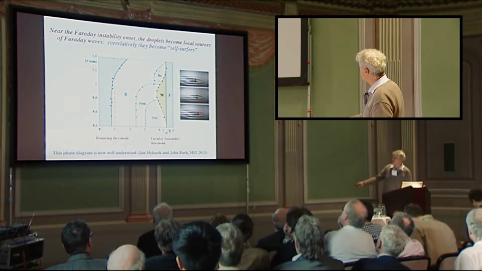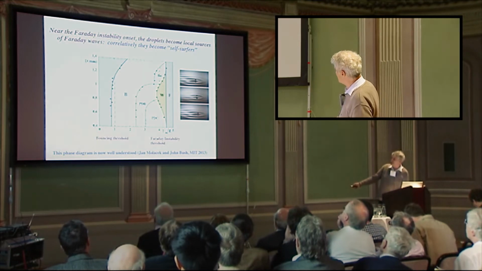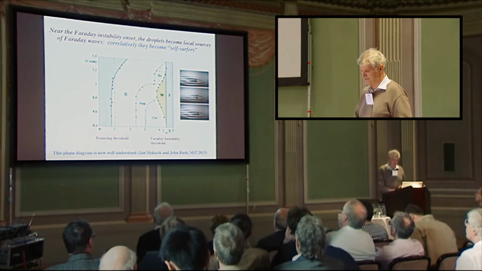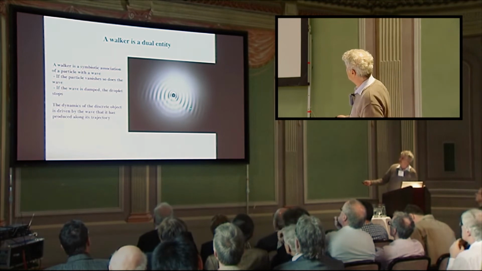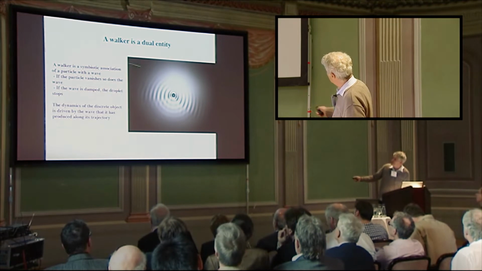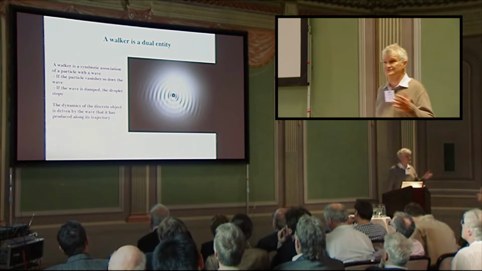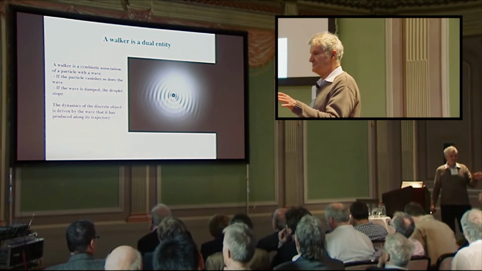This phase diagram is now very well understood, and the fluid dynamic part of it has been studied by Jan Moracek and John Bush at MIT. So the resulting object is interesting because it couples a localized structure, which is a drop, and a huge wave field. And they have to live together, because if the drop breaks, the wave disappears.